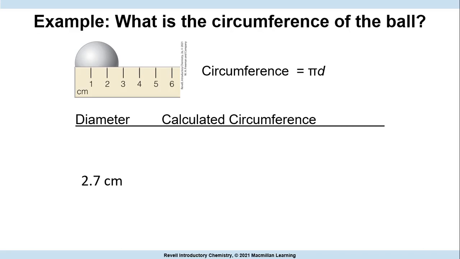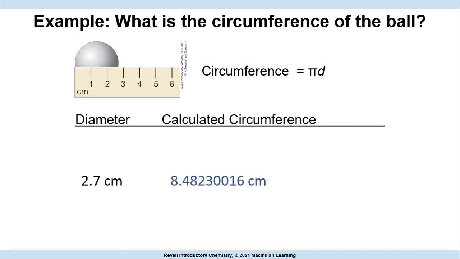Pi is equal to 22 over 7, or 3.14. When we measured the diameter, we said it was either 2.6, 2.7, or 2.8, and we decided that we are going to work with 2.7 centimeters. Now let's use all those estimated values and see what we are going to obtain.